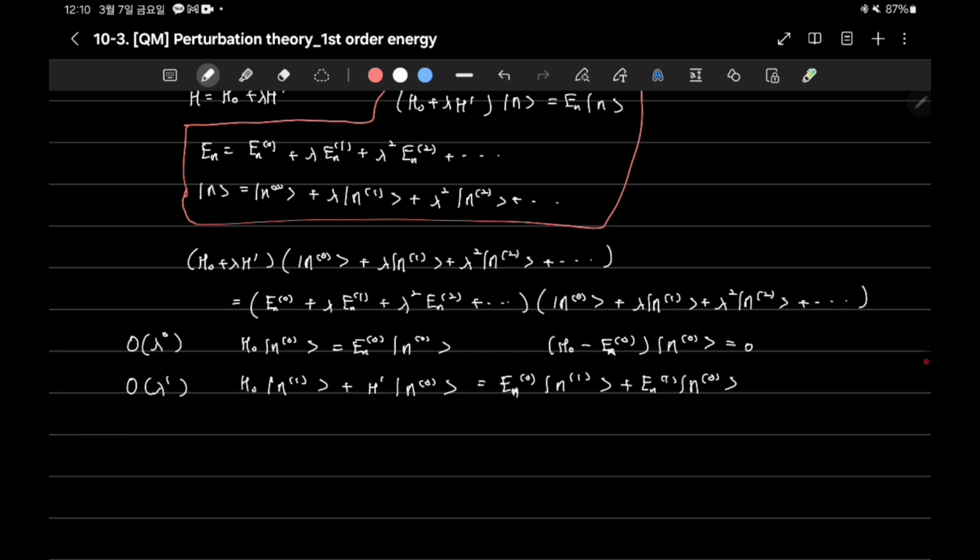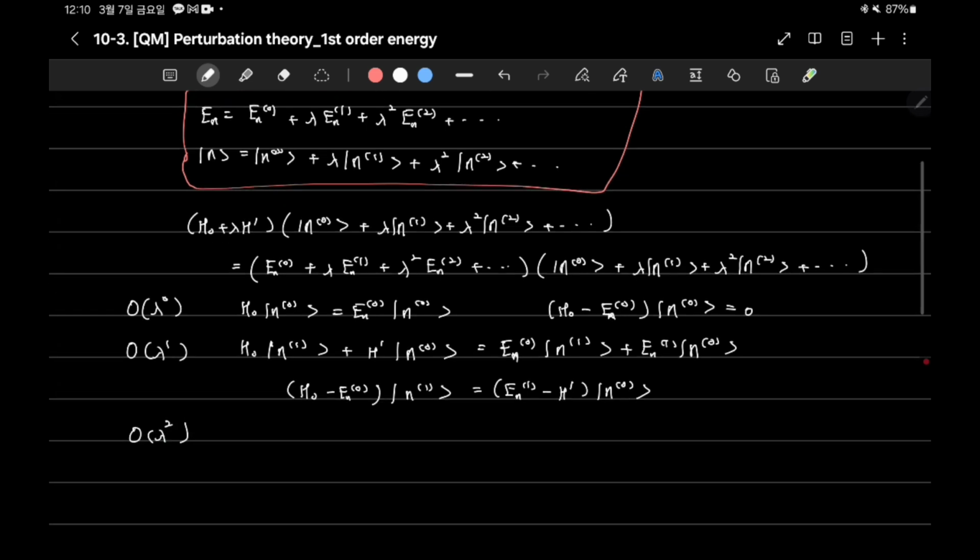When we summarize, (H0 minus En0)|n1> equals (En1 minus H prime)|n0>. We can understand that here we have the zeroth order energy with the first order eigenvector, and the first order energy with the zeroth order eigenvector.